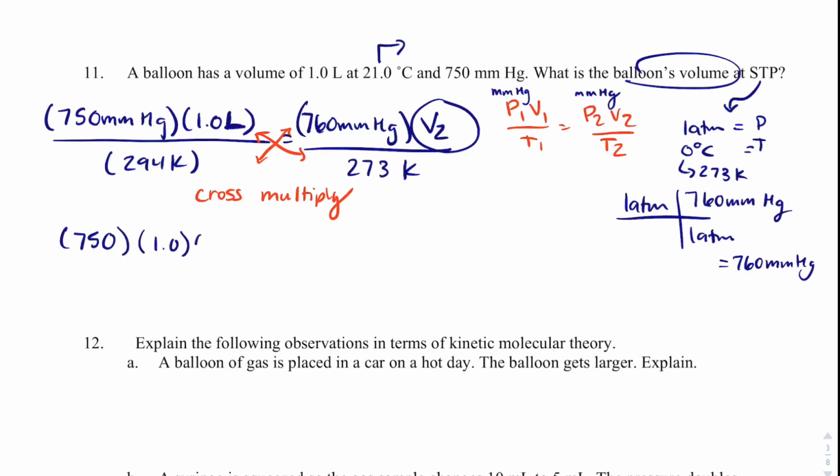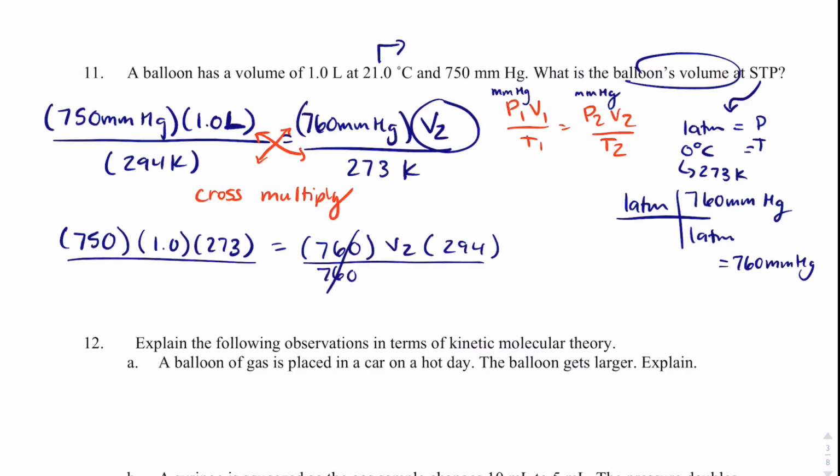Times 1 times 273, that's this cross multiplication. That equals 760 times V2 times 294. I'm going to divide each side by 760. That'll get rid of that. I'm going to divide each side by 294.